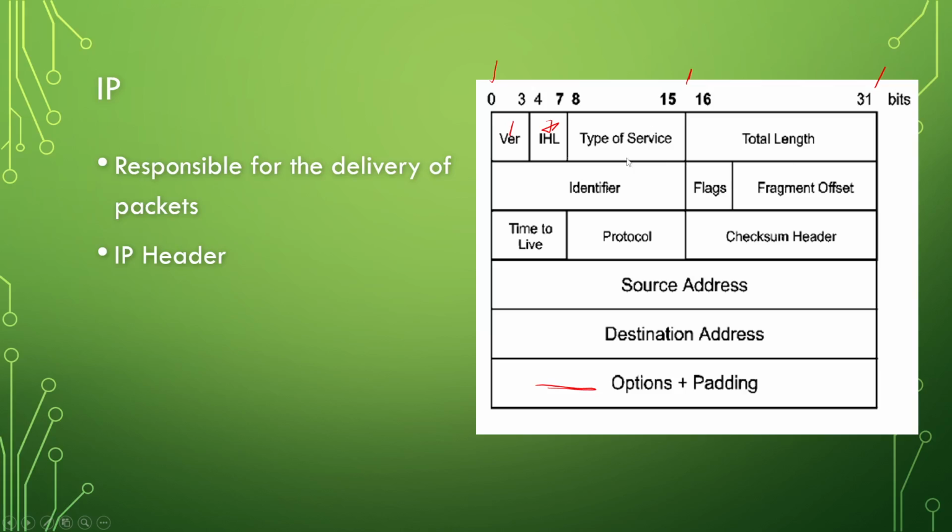Then we have our type of service. This informs the network about the quality of service required. So back to you transmitting information to Amazon. What's important to you? Is the minimum delay important? So, get this packet there as quickly as physically possible. Or is it throughput, how much bandwidth we have getting there?